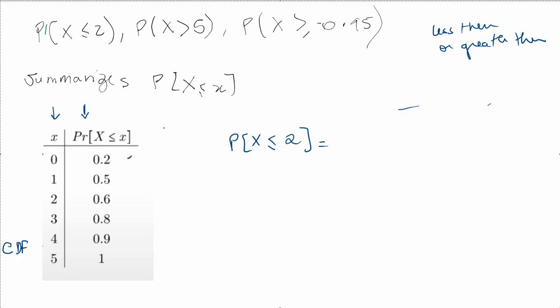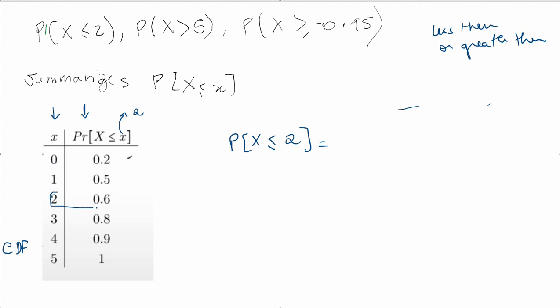So what we do is, whatever is printed in the second column is giving you a probability, right? And what we want to find is the probability where capital X is less than 2, right? So I have to find the row where the little x, the value that my variable can assume, is 2.